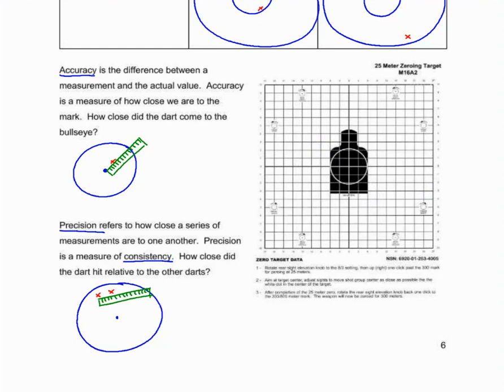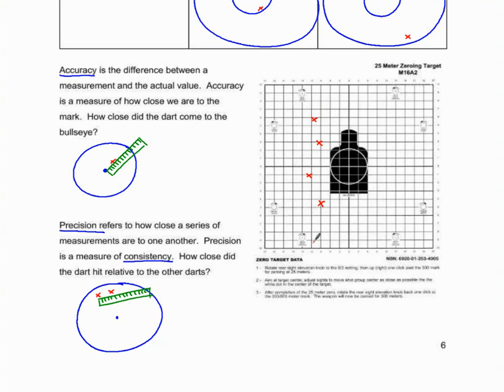You can also diagnose someone's performance, I guess, based on one of these. Let's say you have a person who is putting groups like this where they're all up and down. They're in a pretty straight line, but they're all up and down.